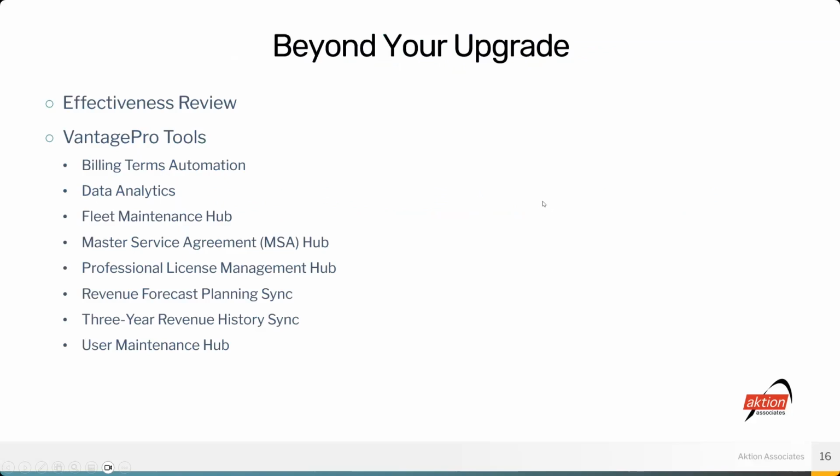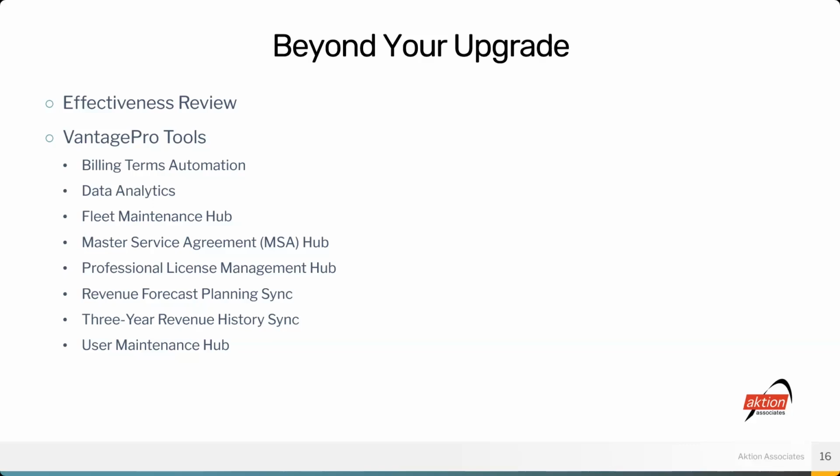Also with Action, we do offer services as effectiveness review, something typically we do at the beginning at the time of that readiness report. But what it allows us to do is, again, take a deeper dive into your processes within Vision so that we can understand how you're using Vision, how you can best transition to Vantagepoint using new functionality that's in Vantagepoint, but also any of those areas, as I mentioned before, that this is working for me.